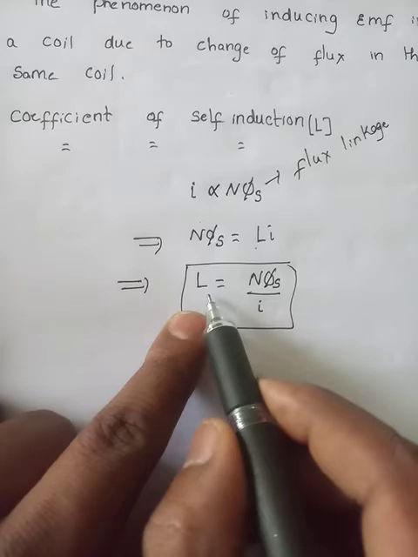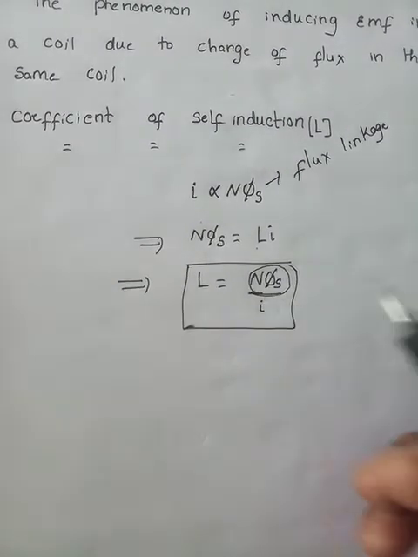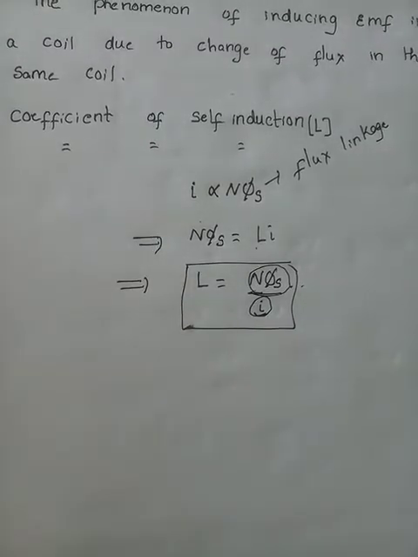So how do we define the coefficient of self-induction? It is defined as the magnetic flux linked with the coil when I equals 1 ampere, right?